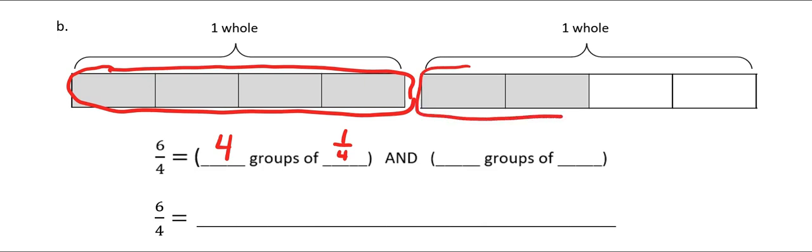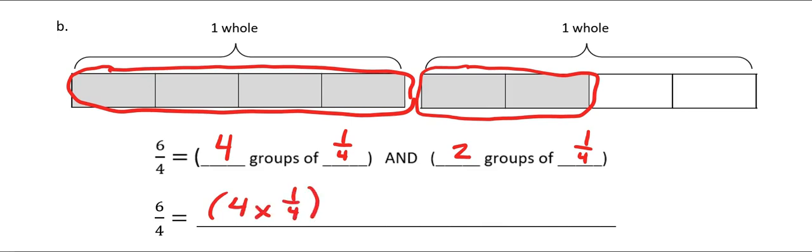The second piece has 2 groups. I have 2 groups of 1/4. Now I'm going to show this as the sum of 2 multiplication problems. So I can say that 6/4 is the same thing as 4 times 1/4 plus 2 times 1/4.